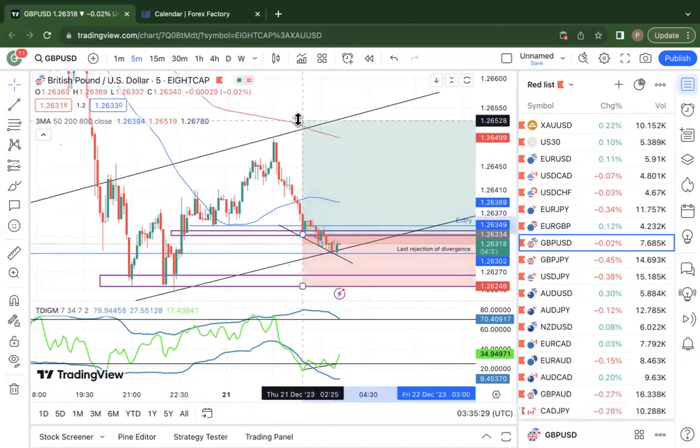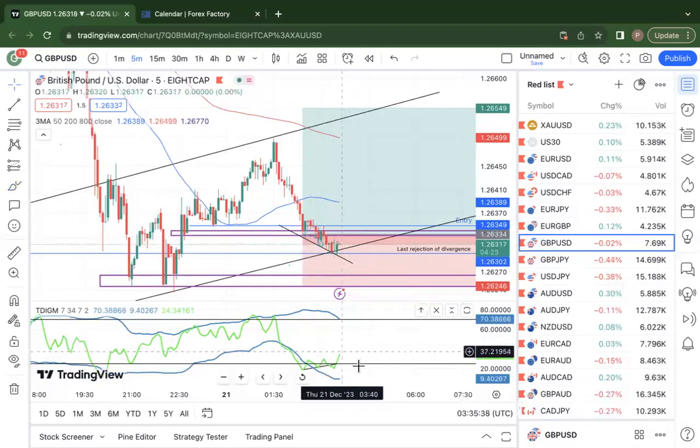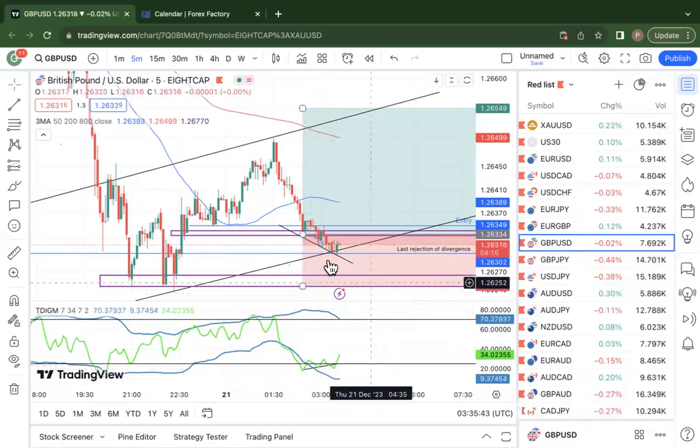But I'm pretty sure 550 is gonna be good. But then again, like I said, it would really also depend on what this TDI looks like. Because if these bands start falling in instead of spreading apart, GBPUSD, the RSI could be letting us know that it's going to remain bearish instead of turning bullish.